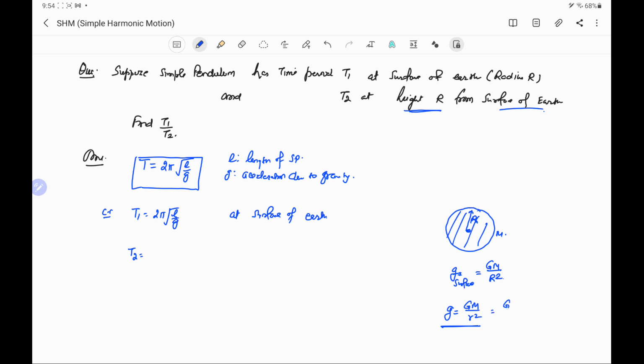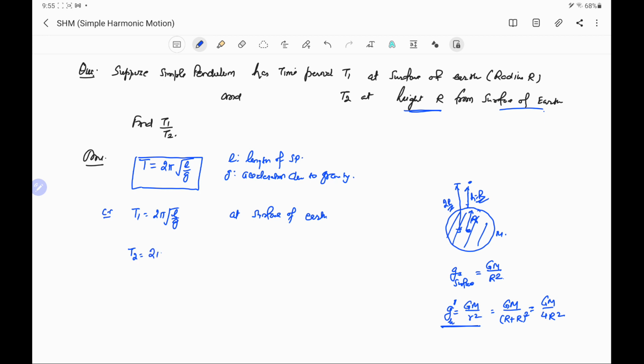And here the distance from the center to the point is r plus r, because we have to find the acceleration due to gravity at a height r from the surface of Earth. So the total distance from the center will be 2r. So it is GM by 4r square. This is the acceleration due to gravity at the height r.